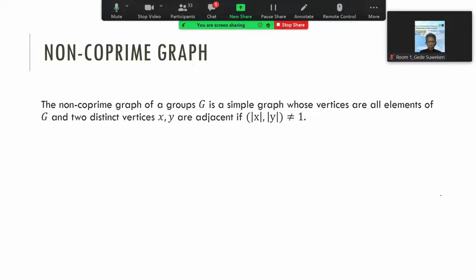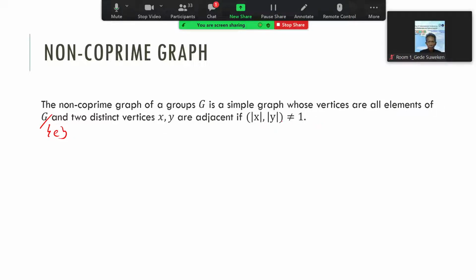The last one is the non-coprime graph. This is a dual version of the coprime graph. I made a mistake here. The non-coprime graph of group G is a simple graph whose vertices are all elements of G without identity, and two distinct vertices X and Y are adjacent if the GCD of the orders of X and Y is not 1.